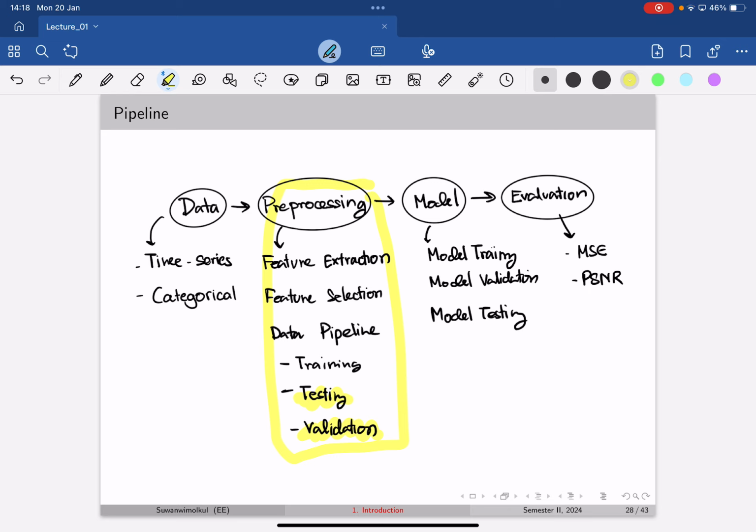Okay, and after you split your data and preprocess your data, the next thing to do is to deal with your model, where, if you want to tune your model, you probably have to train it first. But after training, you may have to do something like validation and testing. And testing is pretty much evaluating your model performance.